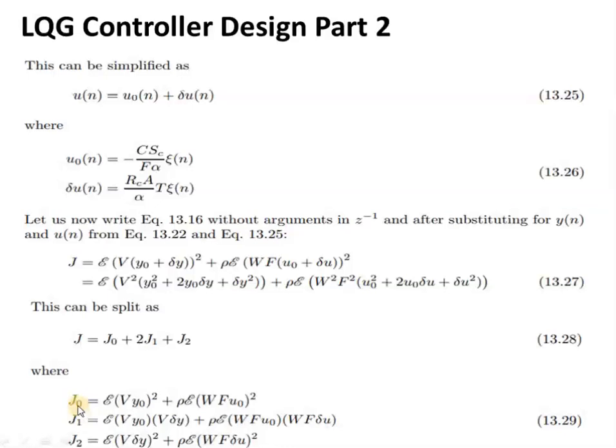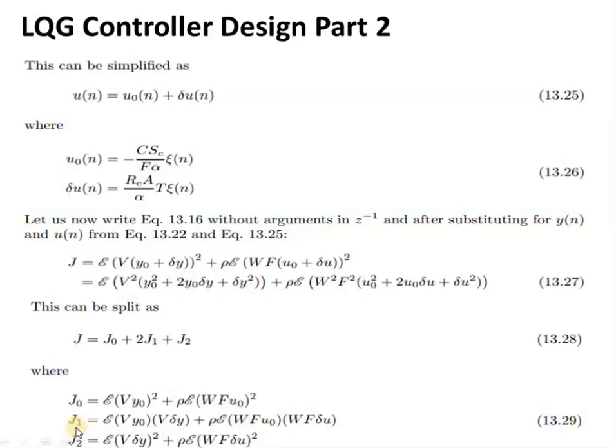J0 is nothing but epsilon of V into y naught bracket square, means this term, plus epsilon into rho into epsilon of W of F into u naught bracket square, means this we have to multiply this term in bracket, then we get rho into epsilon W square into F square into u naught square. We collect these two terms, and we call it J0.